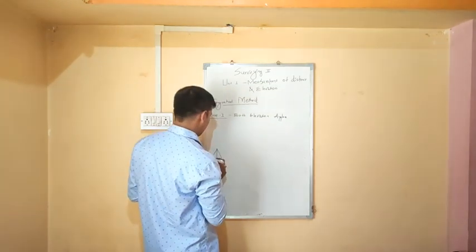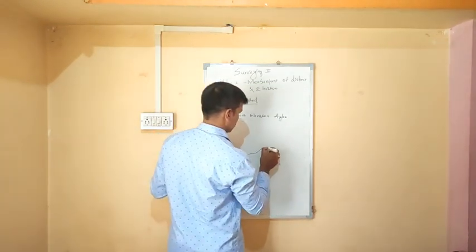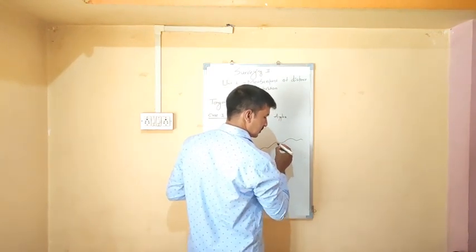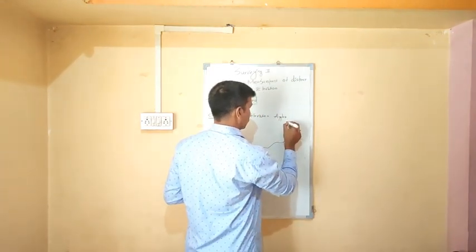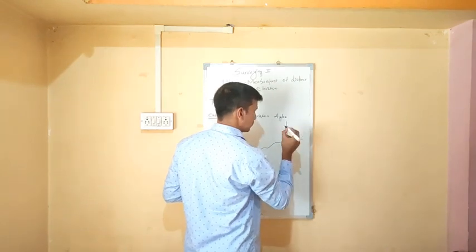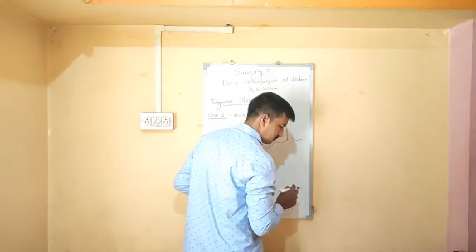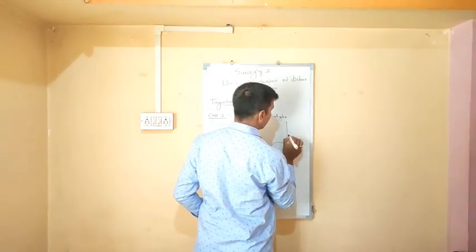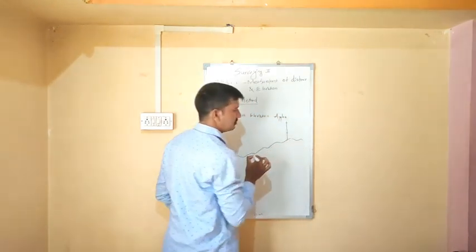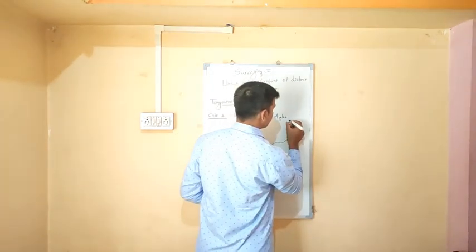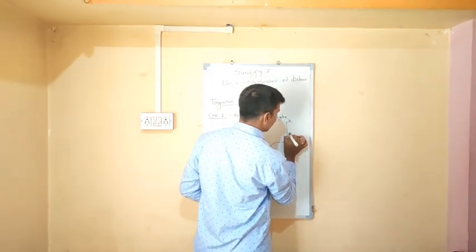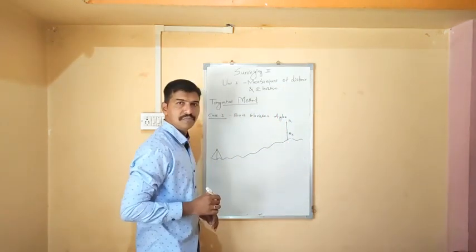See, this is the instrument station. At a higher point, we will take a staff station and we will set two targets, target B1 and target B2. I will say this is the first target B1 and this is the second target B2.